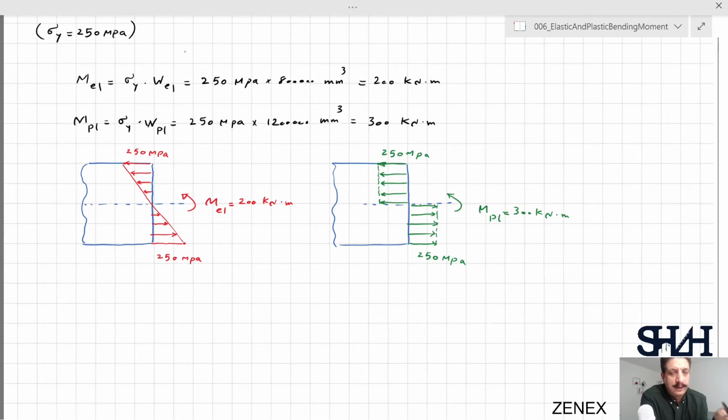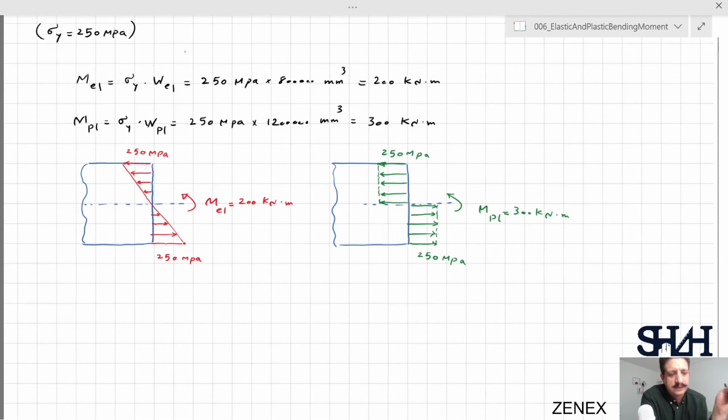The elastic moment is like in the other example, where the force is at the level of 191 kilonewton, and in the other example the load was 245.5 kilonewton, something like that.